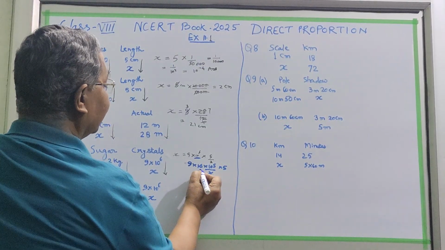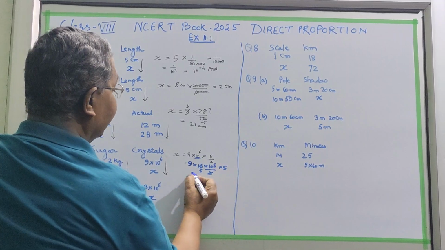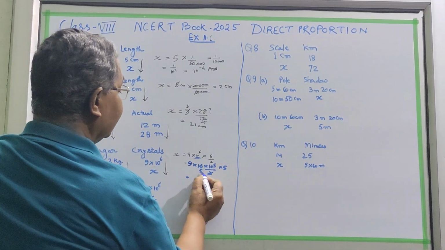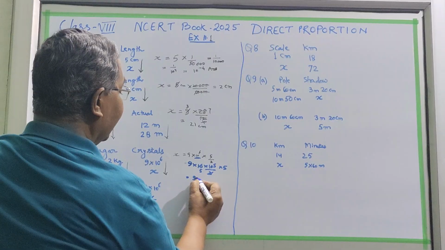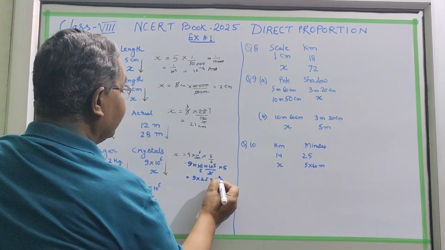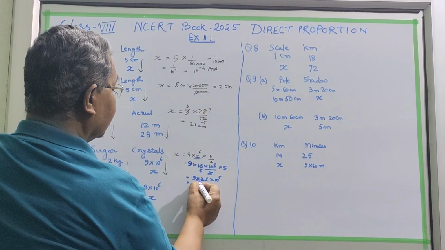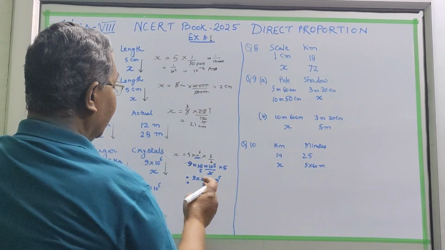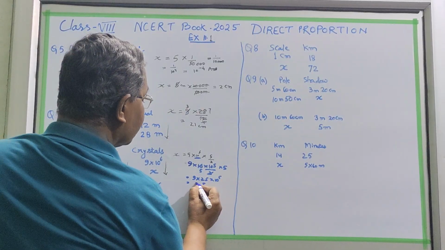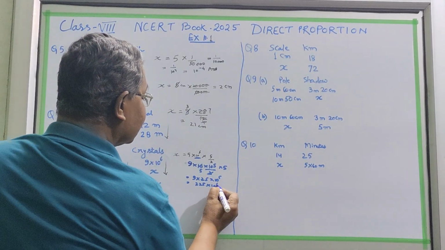Now this 2 we can cut it like this. So equal to 9 into 5, we can multiply. So 9 into 25 into 10 to the power 5. So it comes to 10 to the power 6.